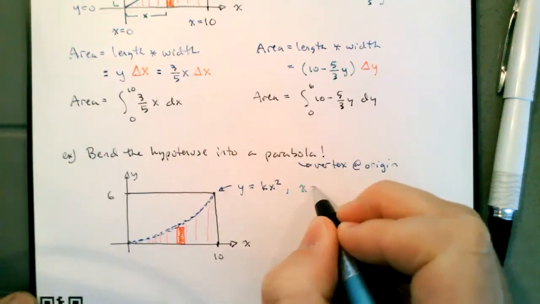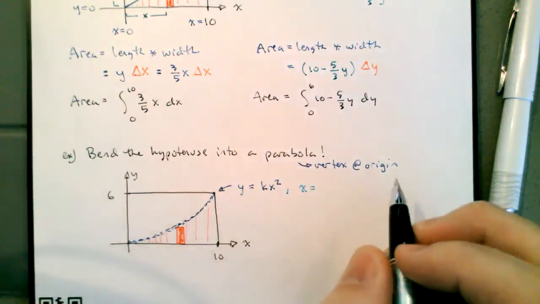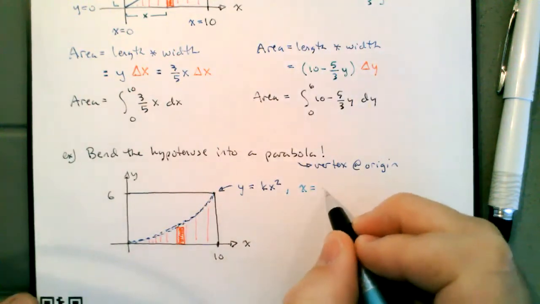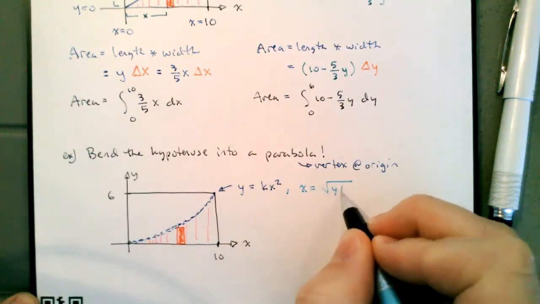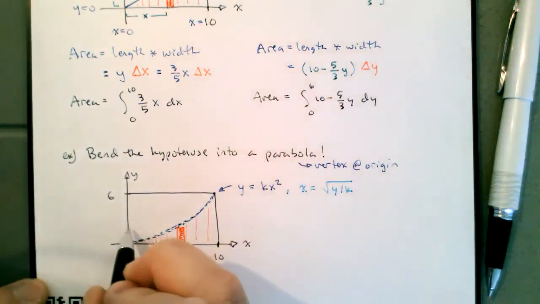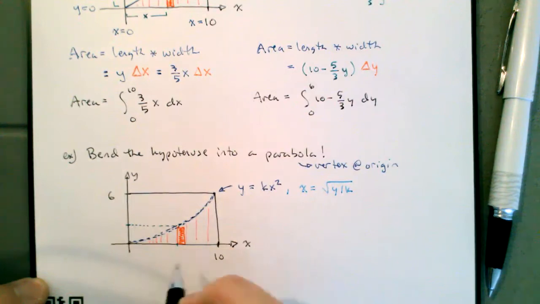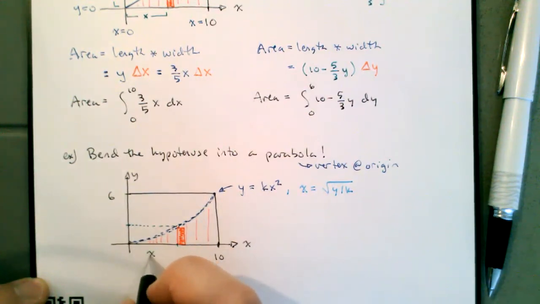So this would mean x is equal to, we're in the first quadrant here, so I'm going to use the positive square root, the positive square root of y divided by whatever k is. But we still got to be careful about what we want and which half, or whether we want the top or the bottom.